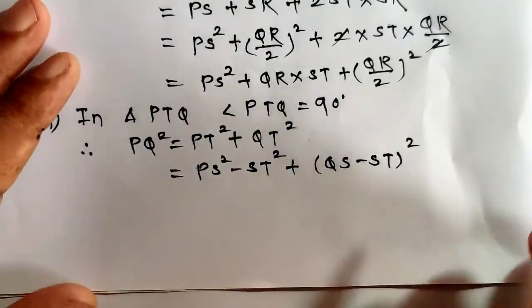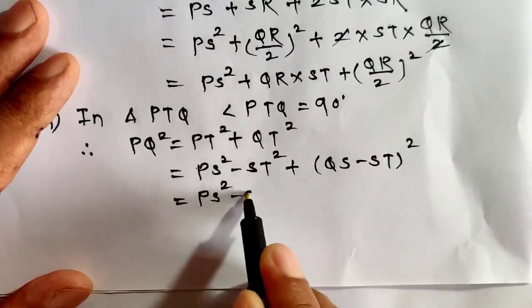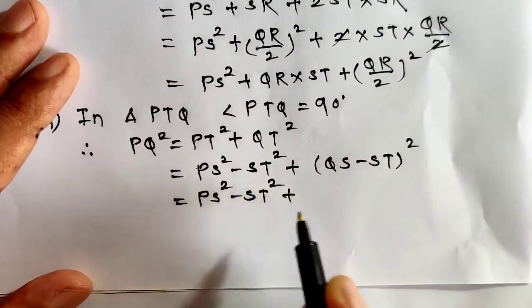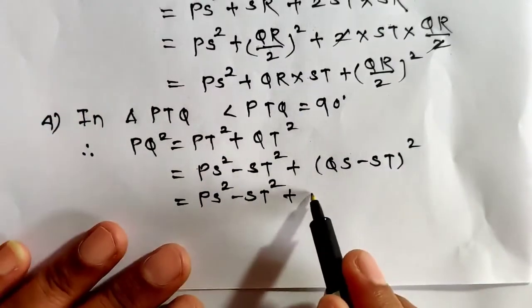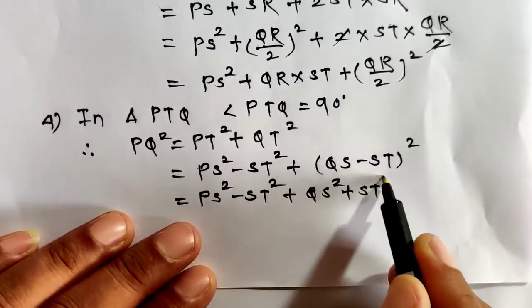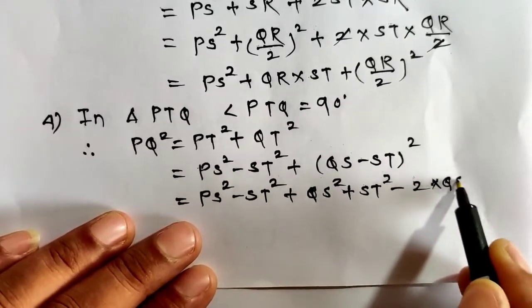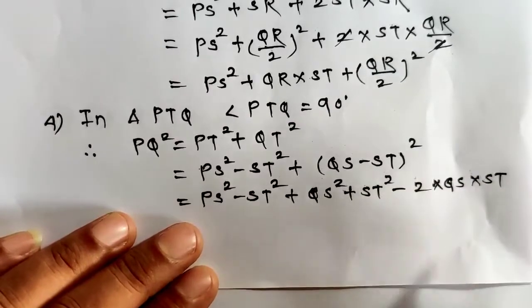Now simplify. So we get PS square minus ST square plus, formula A minus B the whole square, A square plus B square minus 2 into A into B.